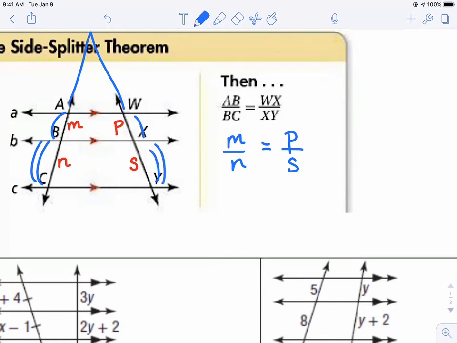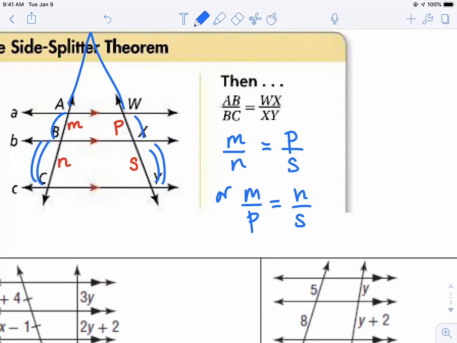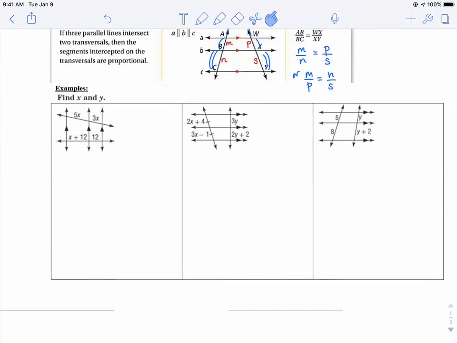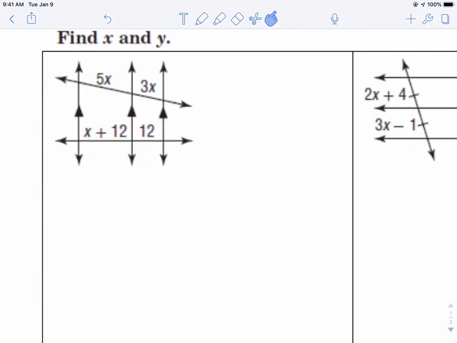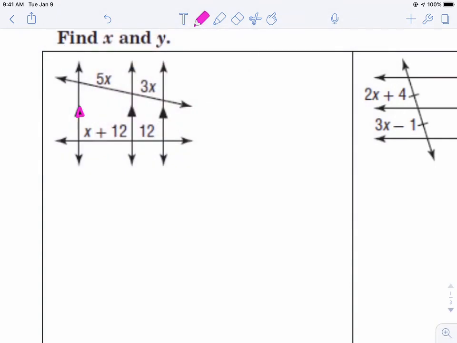You can also go back and forth and say M is to P as N is to S. So M and P are compared, and then N and S are compared. So any equivalent proportion would work. Okay, that means, again, you want to pay attention to the fact you have parallel segments there.